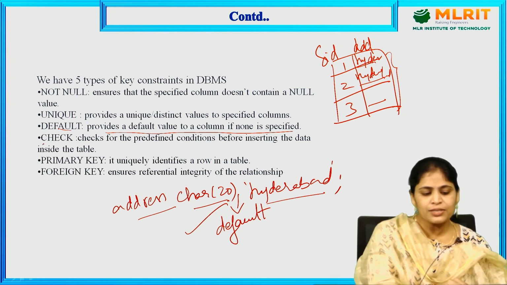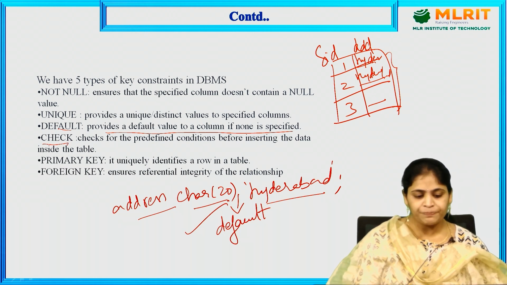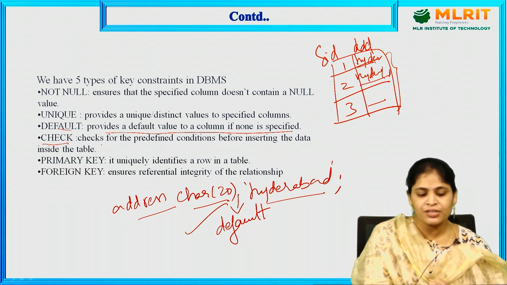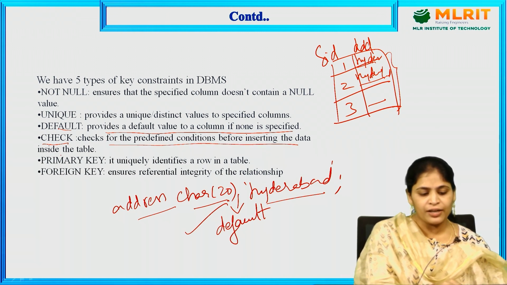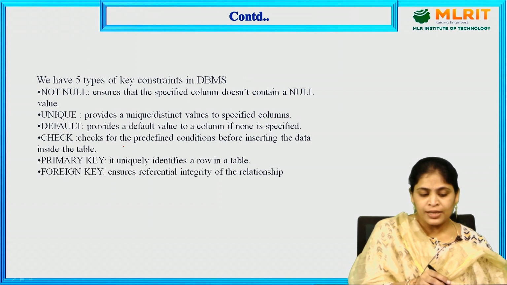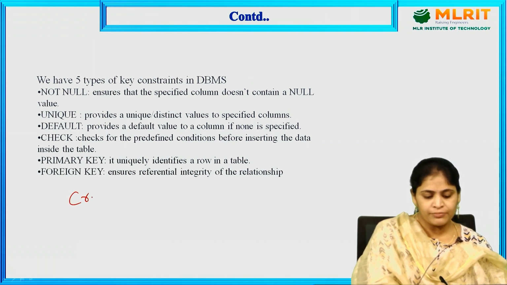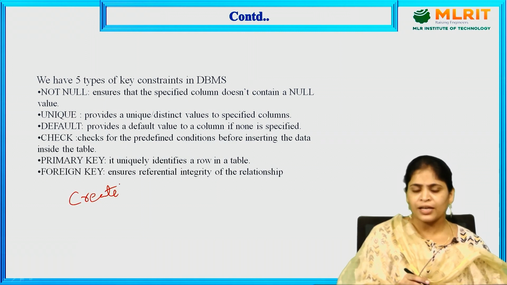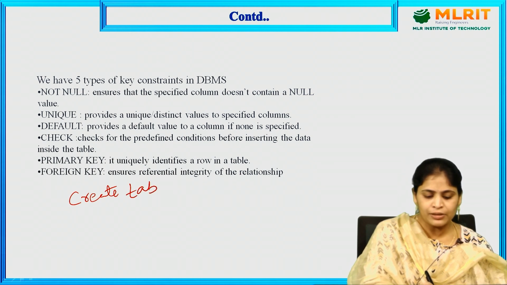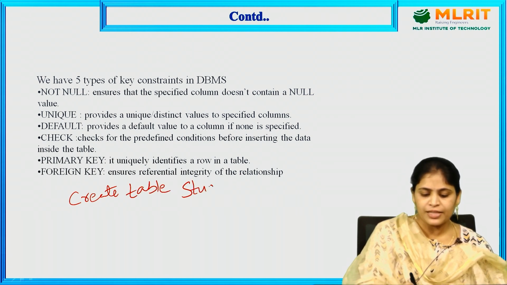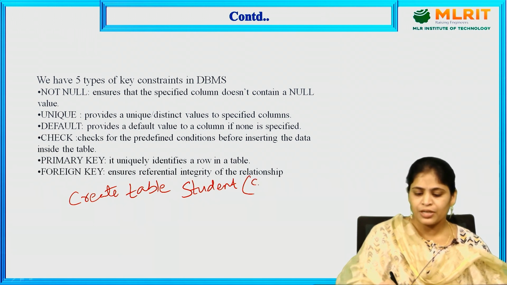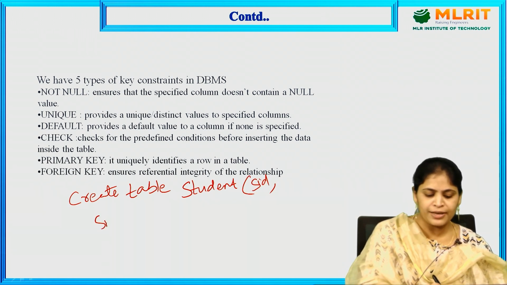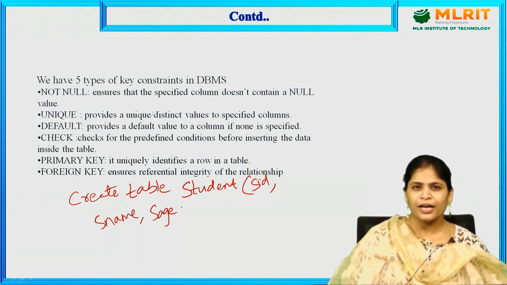So what is the next one? The check constraint. The check constraint checks for predefined conditions before inserting the data inside the table. Let us take one example. I am creating a table, create table, the table name is student, which consists of attributes SID, SName, SAge: student ID, student name and student age.